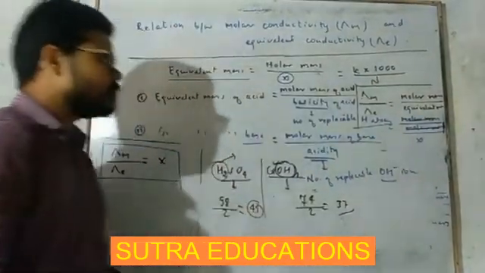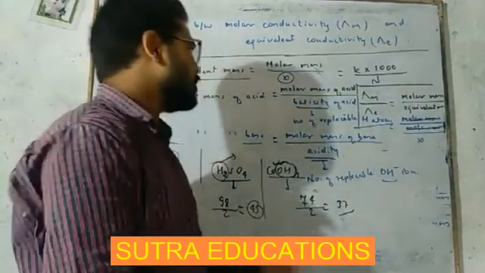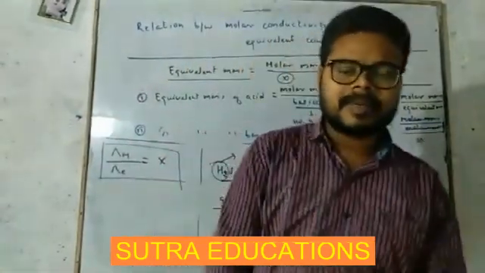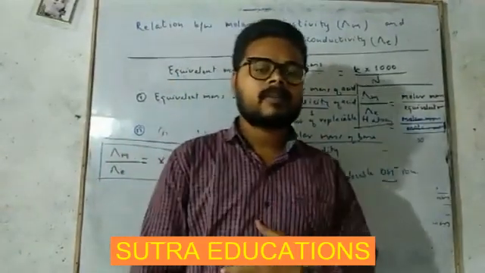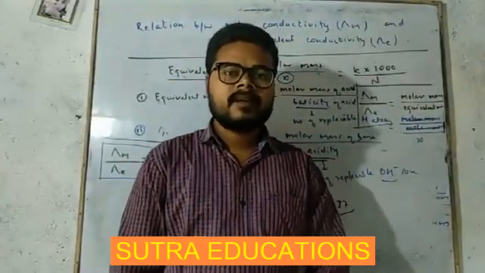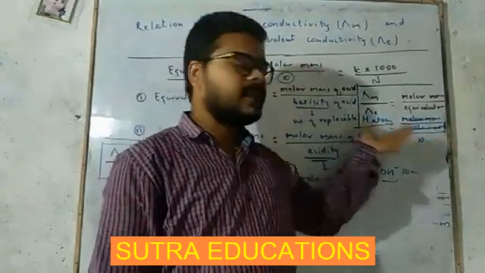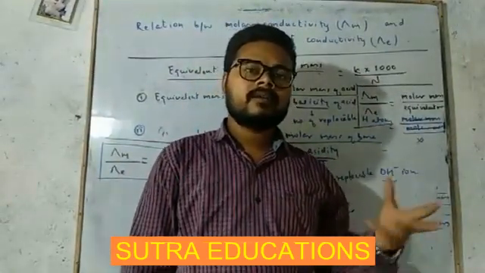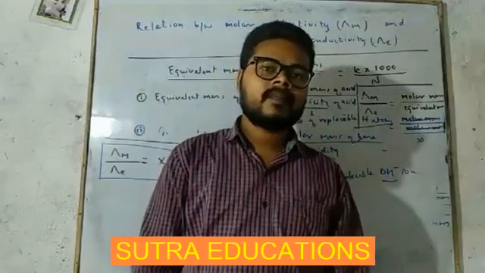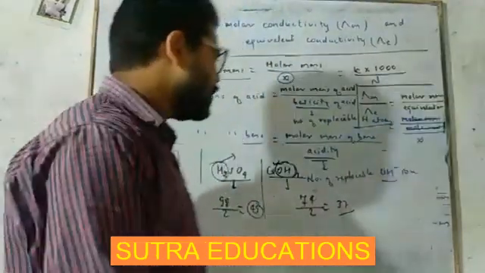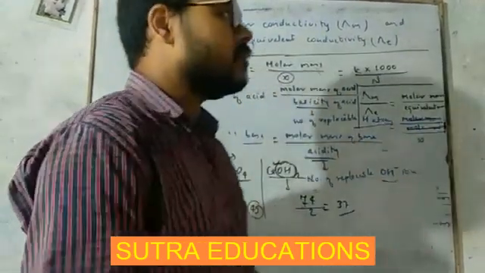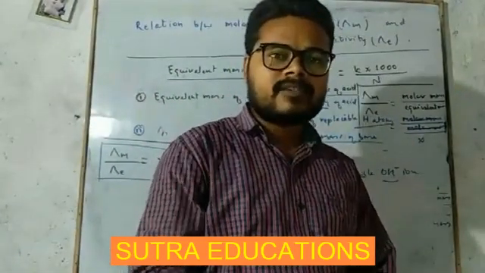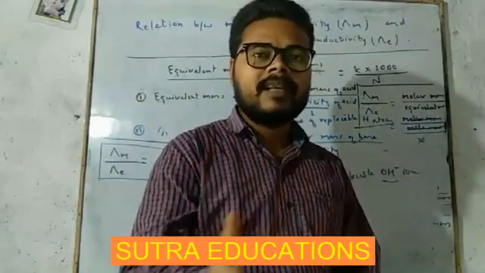So what is x here? If it is an acid, x will be basicity, the number of replaceable hydrogen. If it is a basic electrolyte, x will be the acidity of the base. If it is an element, the equivalent mass is the atomic mass of the element divided by its valency.